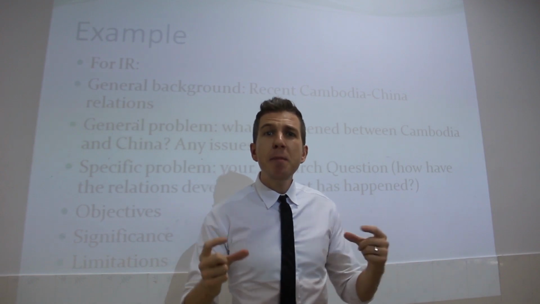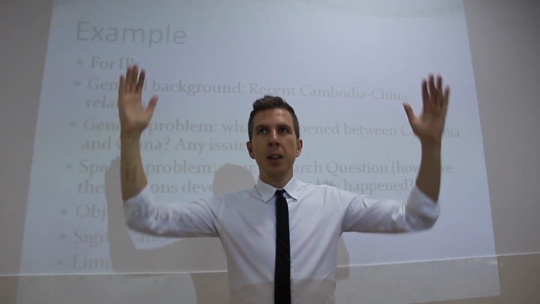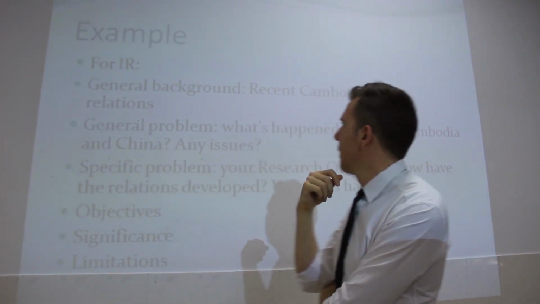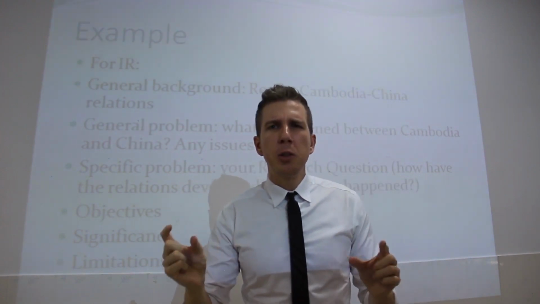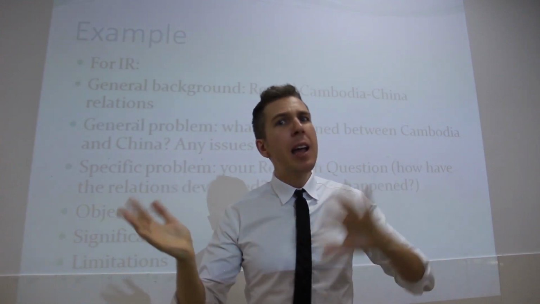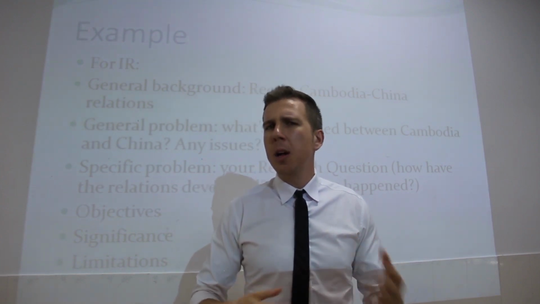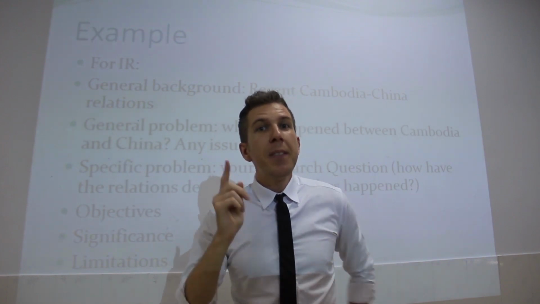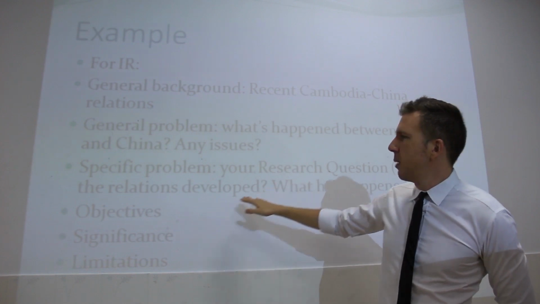You give me the short version of important events. Then the general problem: what's been happening recently between the two countries? Have there been any issues, any ups and downs? Why is there a problem? We can talk about that in more detail. Finally, our specific problem, which is our research questions. That's what we did before.